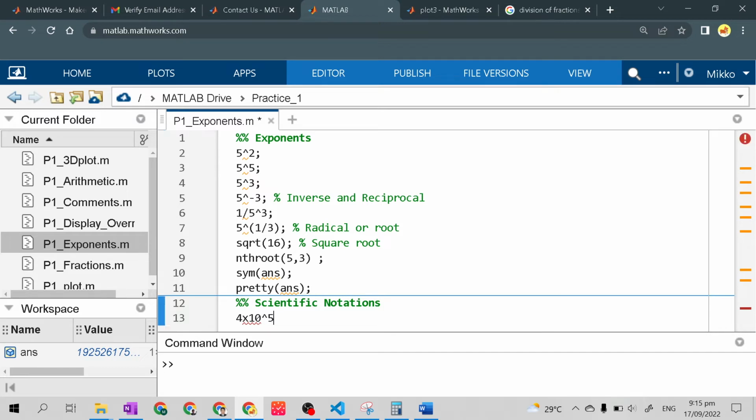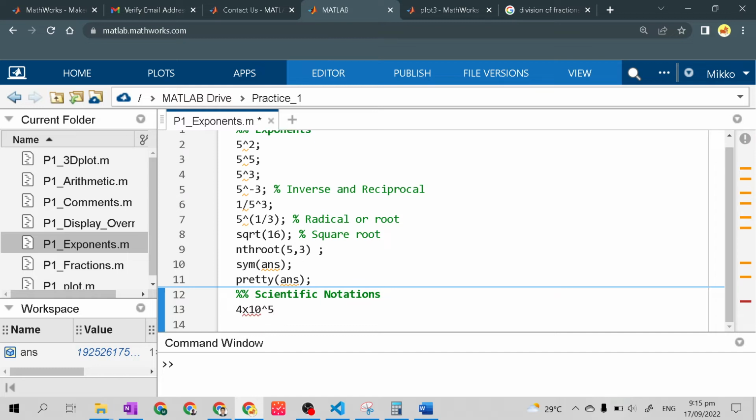for scientific notation, or use E. Okay, use E. Then just write, let's say your exponent for 10 is positive.